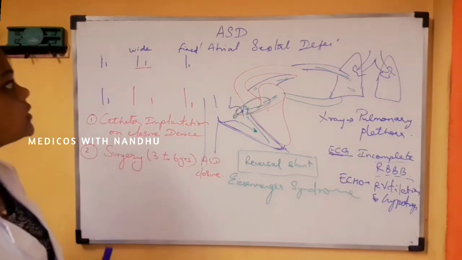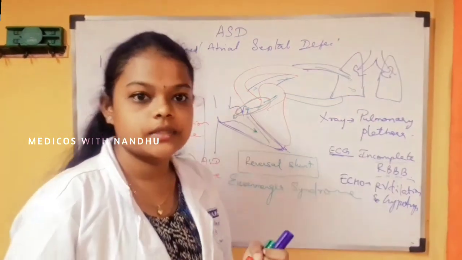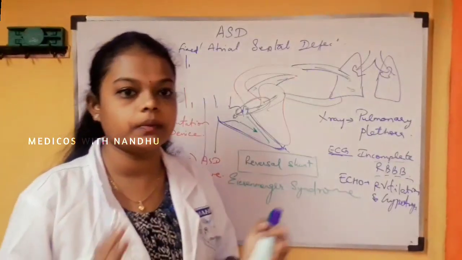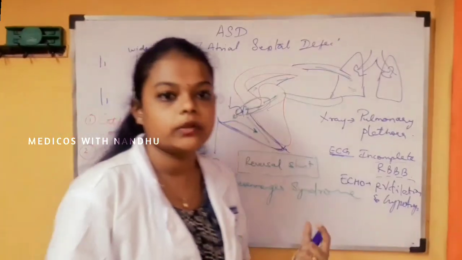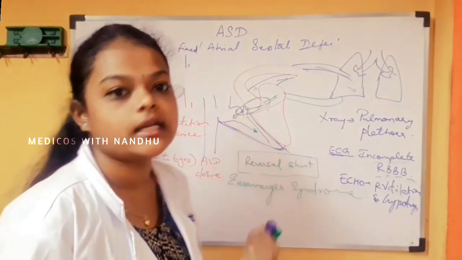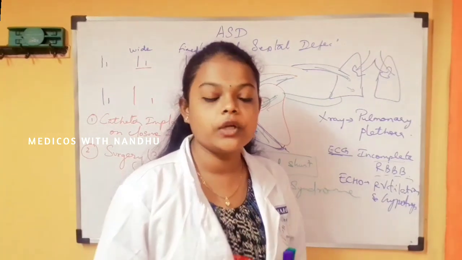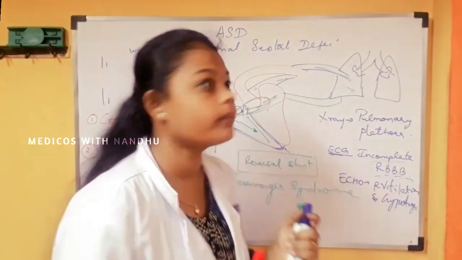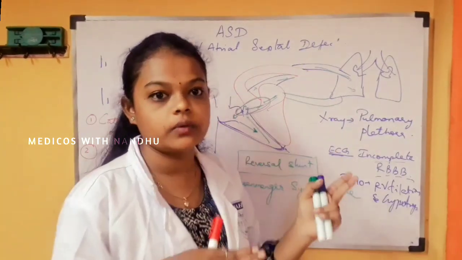So this is what ASD is. We covered the definition, the types, the peculiarities between ostium primum and ostium secundum, the pathophysiology, symptoms, signs, diagnosis, and lastly management. In the next video I will talk about VSD, ventricular septal defect, where the shunt between the left and right ventricle is known as VSD.